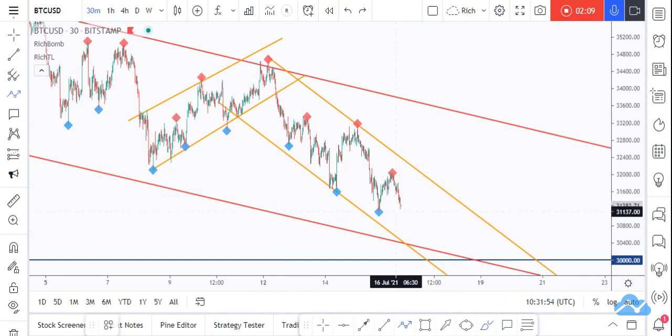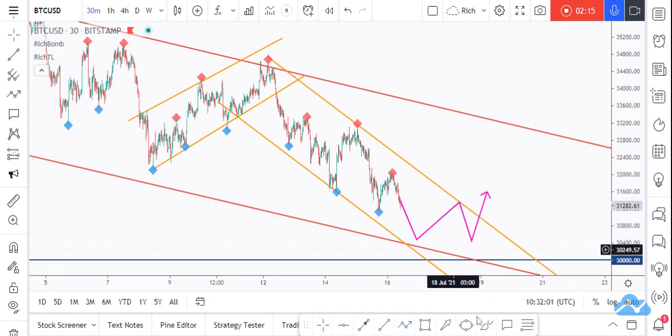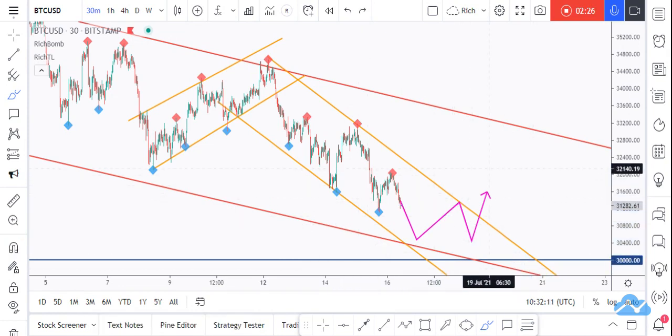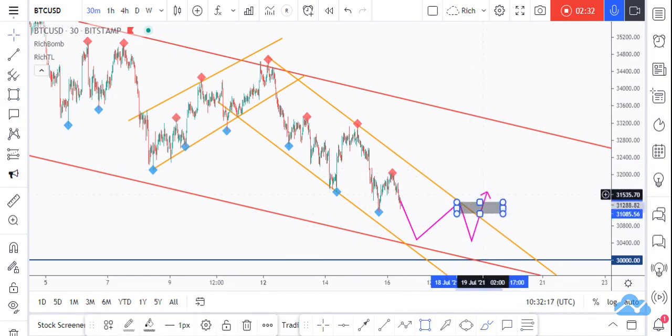So what we're waiting for is a new swing to form around our orange trend line, and then we'll be buying on spec upward. And of course, I'm not predicting that this will happen, right? Price can still do like this and like this, for example, and then break it upward. But you got the idea: waiting for a new swing or swings, it depends, to form around the upper orange trend line, and then and only then we will buy, after a momentum candle close above it.